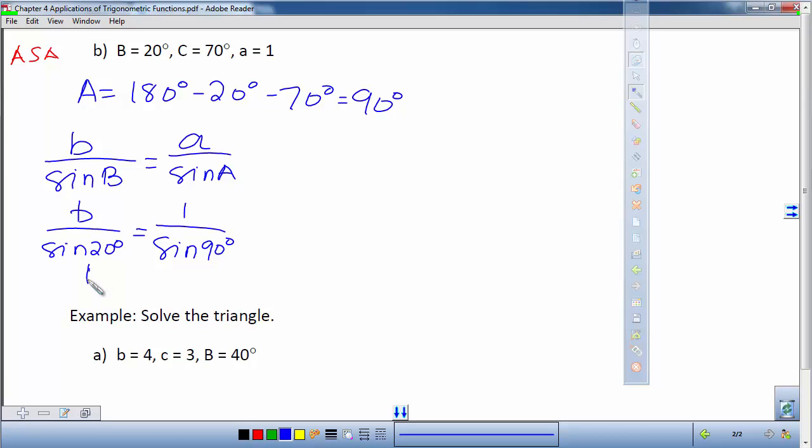So we get B is equal to 1 times sine 20 degrees. So on our calculator, just punch up sine of 20 degrees. So B equals 0.34. Questions about that?